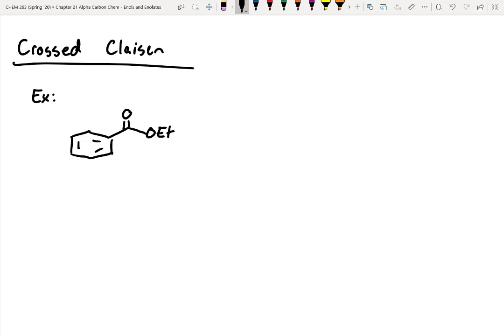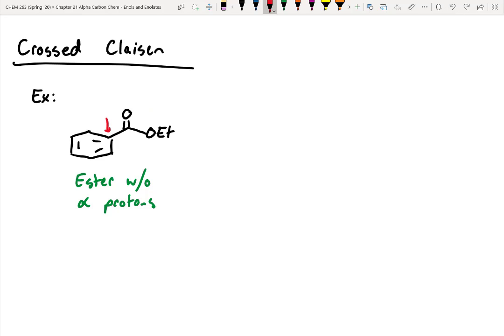But if you notice, this ester has no alpha protons. So I'm just going to make a note, ester without alpha protons. Meaning there is an alpha position here and here, but neither of those positions have protons off of them, so there's no way we can do any sort of enolate chemistry with it.